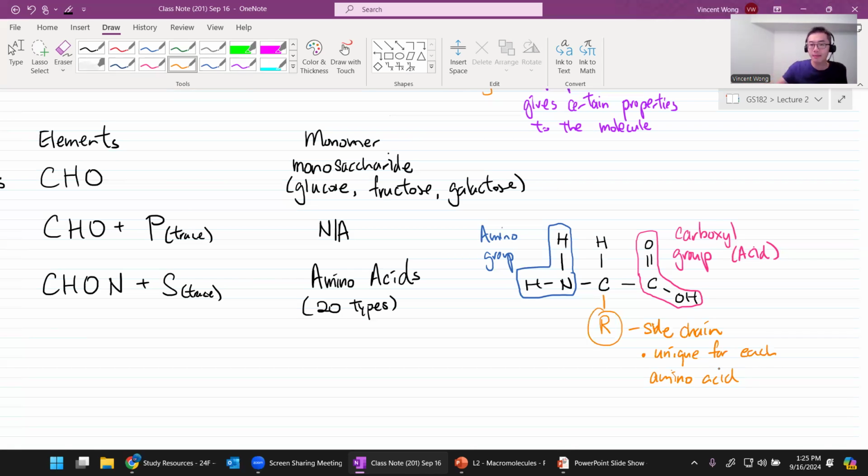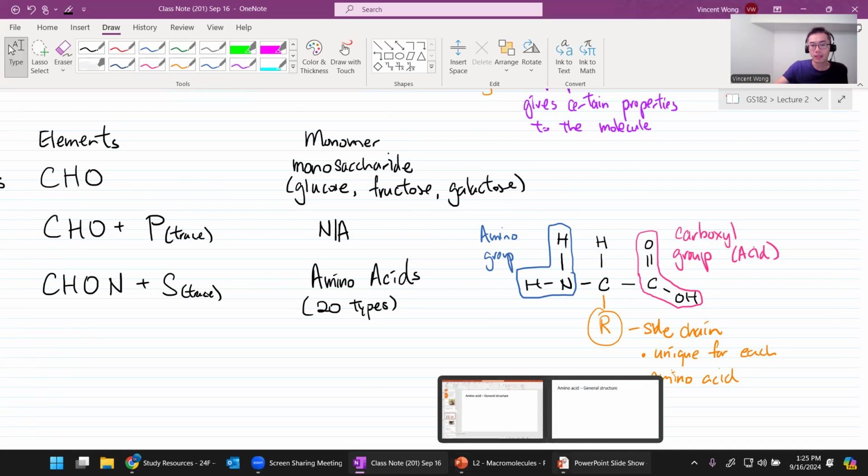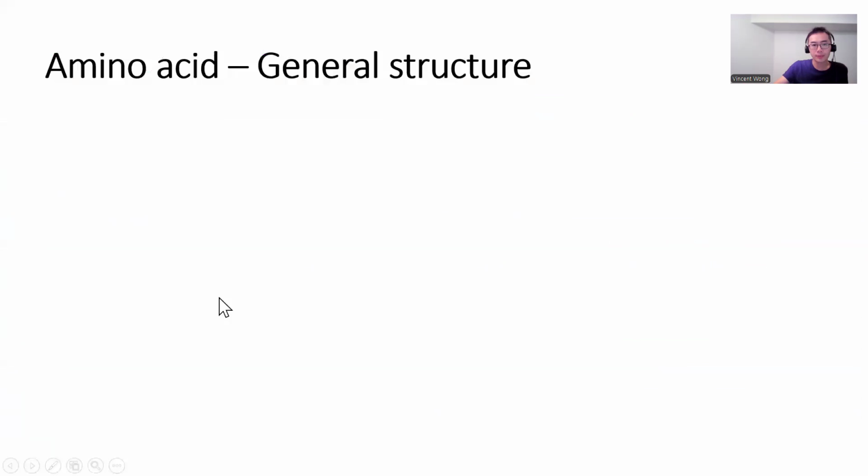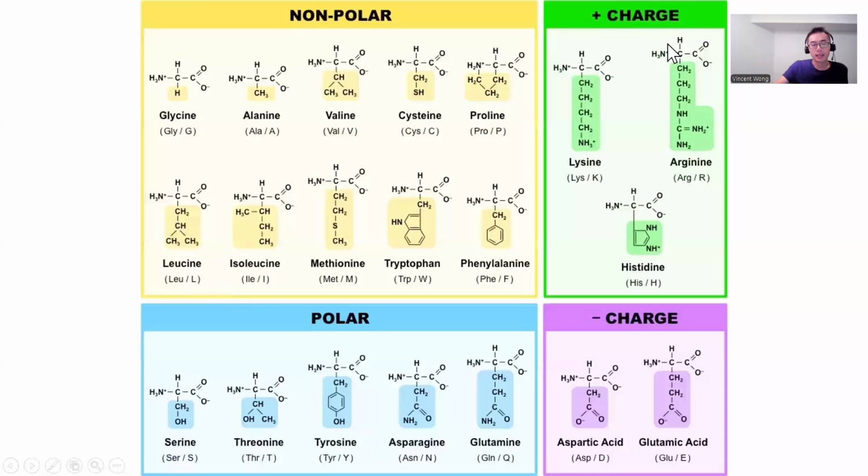Each of them have the same core backbone, but the side chain will be different. Let's take a closer look here. This page lists some of the amino acids. I don't know if there are actually 20 here, okay, but there are definitely some examples of it.